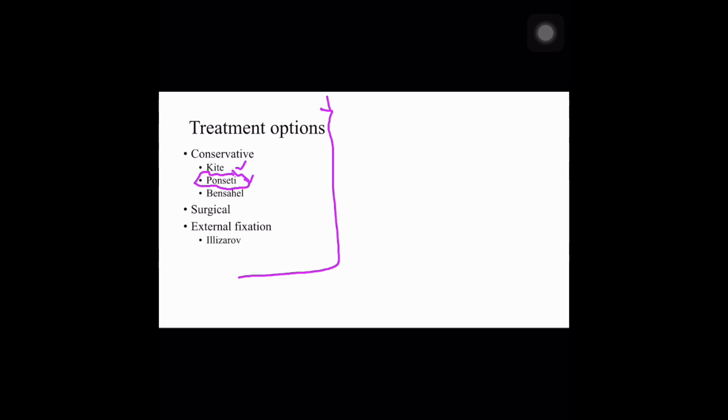Okay, see here. In Ponseti, first of all, for 0 to 2 weeks, the mother will manipulate. The mother is taught how to manipulate the foot. Write it down.